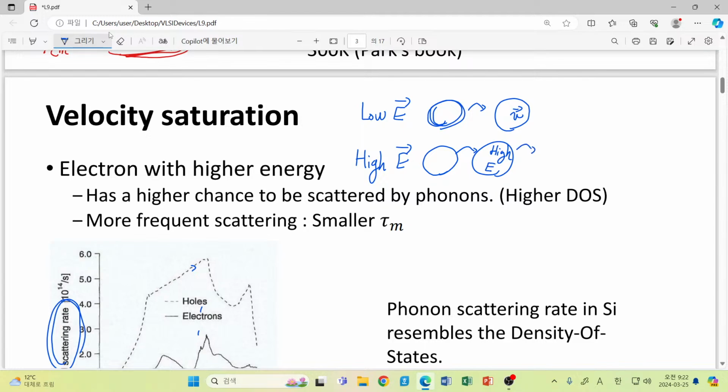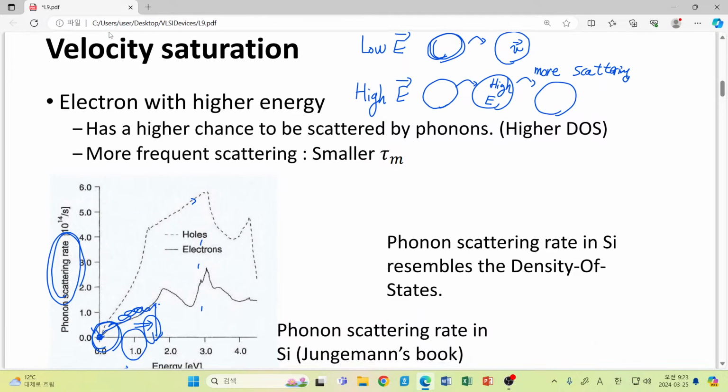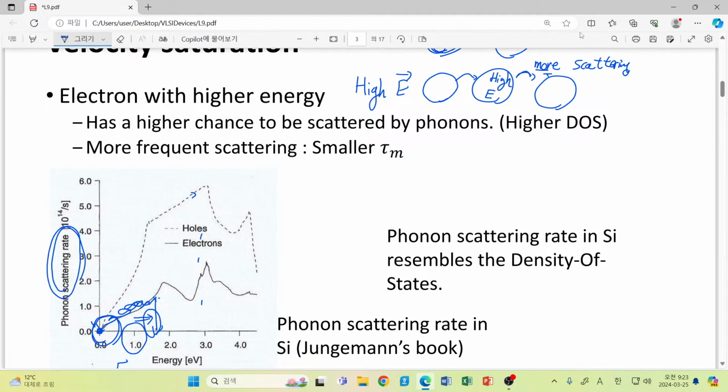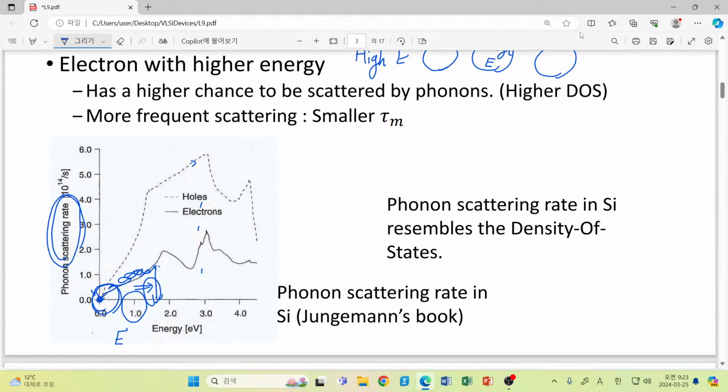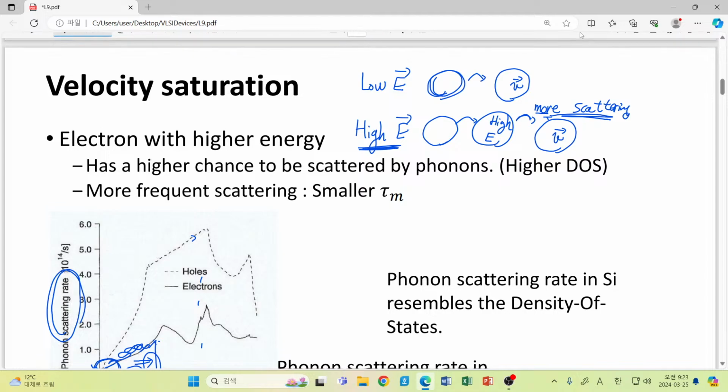After that, it activates more frequent scattering events, so it is more rapidly cooled down to our original state. So that's the reason why here, since we have more scattering, although they have higher acceleration, their velocity is not that high. So please think about this one.